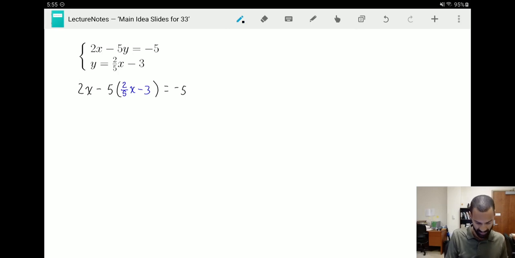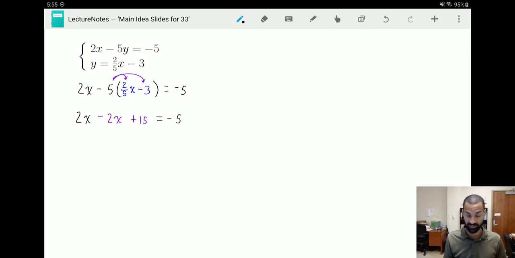Okay, let's bring down the 2x. Let's distribute the negative 5. Negative 5 times 2 fifths x is going to be negative 2x. Right, the 5s would cancel. Negative 5 times negative 3 is a positive 15. Let's bring down the equals negative 5.